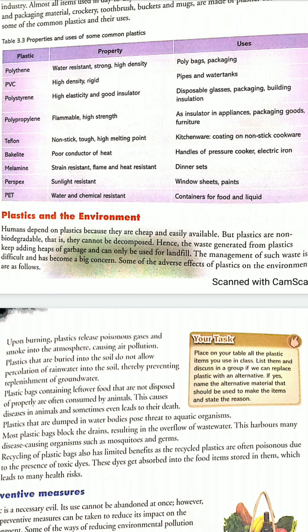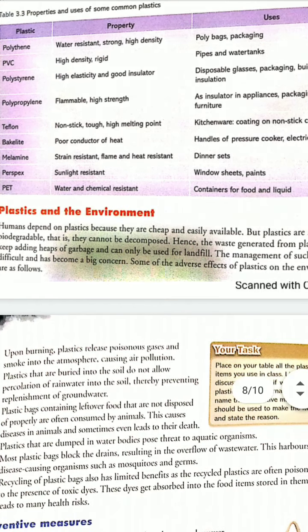Bakelite we have discussed is used to make handles of utensils, isn't it? And even in electric iron also we are using bakelite. Then perspex. It is used for making window sheets and paint. PET. It is used for containers of food and liquid.